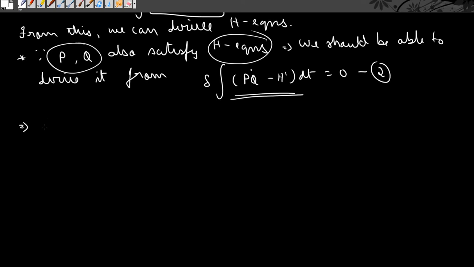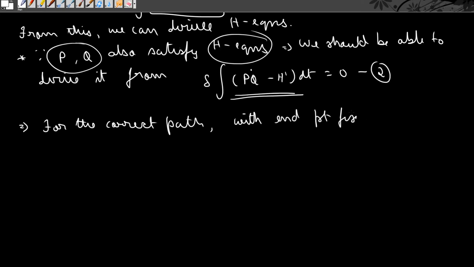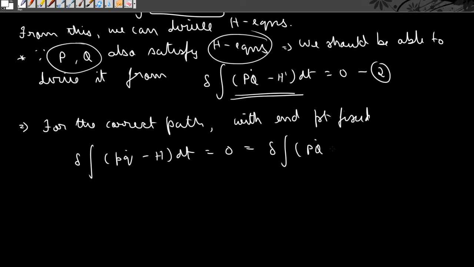So for the correct path with endpoints fixed, which is necessary information when we use Hamilton's principle, we have the variation of the integral of (p q dot minus H) dt equal to 0, which should also be the case with our transformed variables.